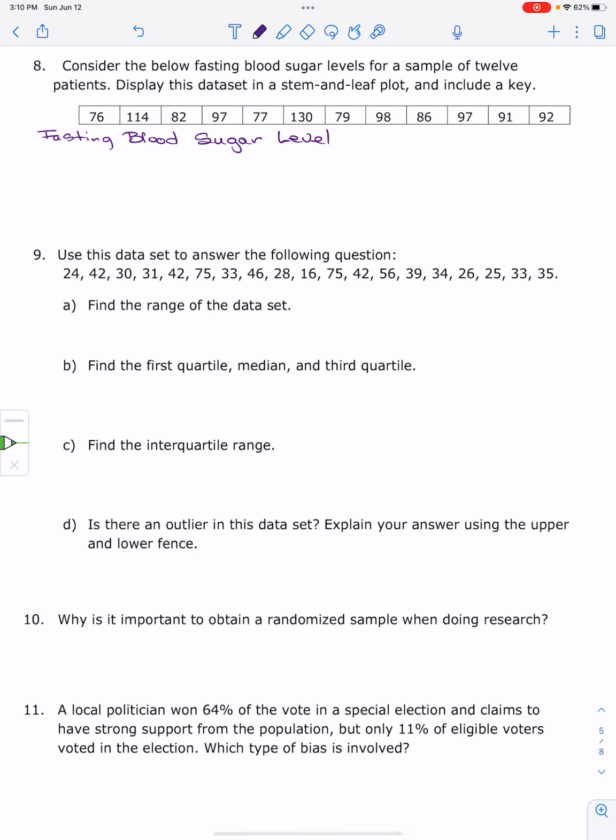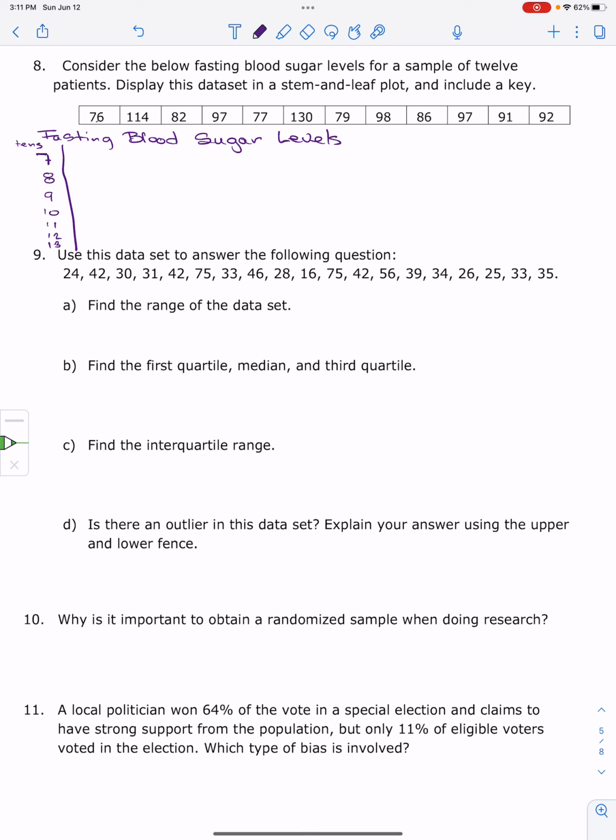The first thing I'm going to do, let's see, it looks like I go from the 70s to the 130s. So my stem is going to be tens: 70, 80, 90, 100, 110, 120, 130.